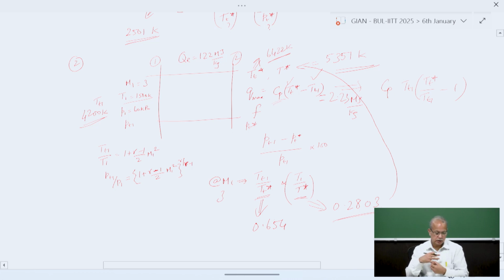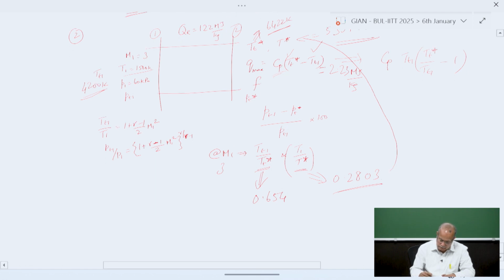What is the pressure change in the combustor? See, at M1 of 3, at M1 you can find PT star by PT1 from the table directly.